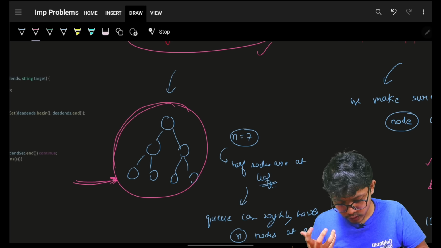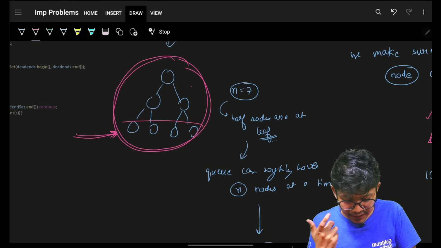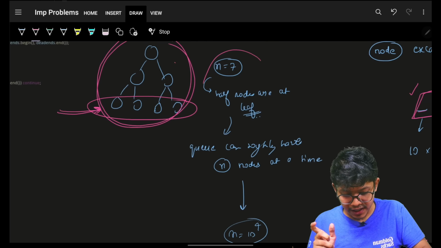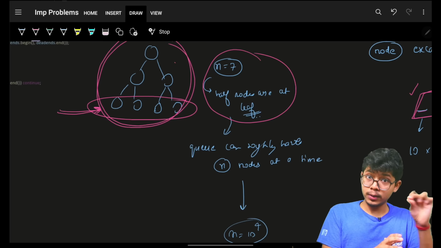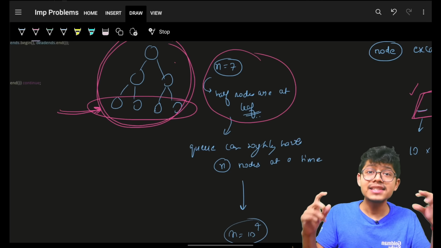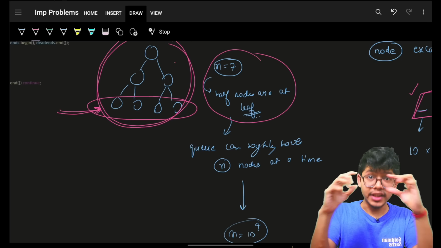Now in the worst case, what can be there? If I tell you there is a tree with n nodes, then we have seen that we can have n by 2 leaf nodes. So if I have n nodes, I can have at max n by 2 leaf nodes, which means at a specific level, I can have at max n by 2 nodes or strings.